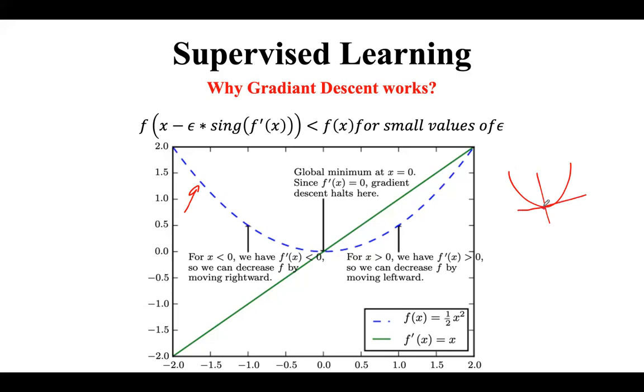This is something that we know. So if you can see, the function f at x minus epsilon multiplied by the sign of f prime x is always smaller than f(x) for small values of epsilon. But why is this true? For example, let's just see this part of our function before x equals 0.